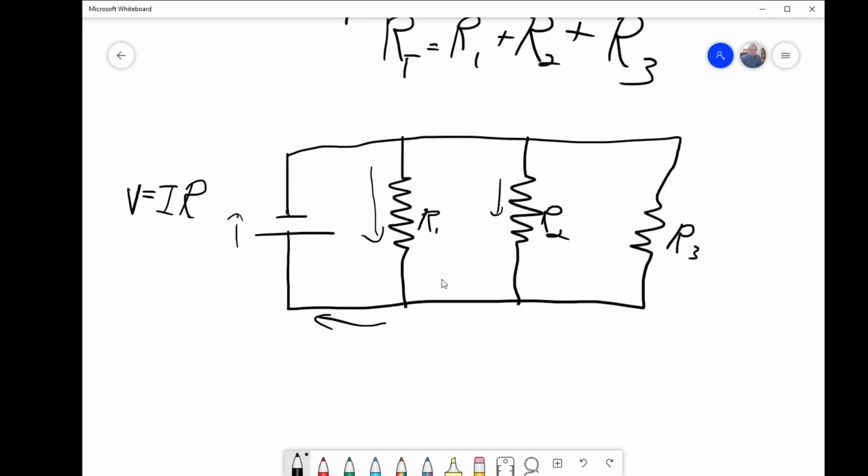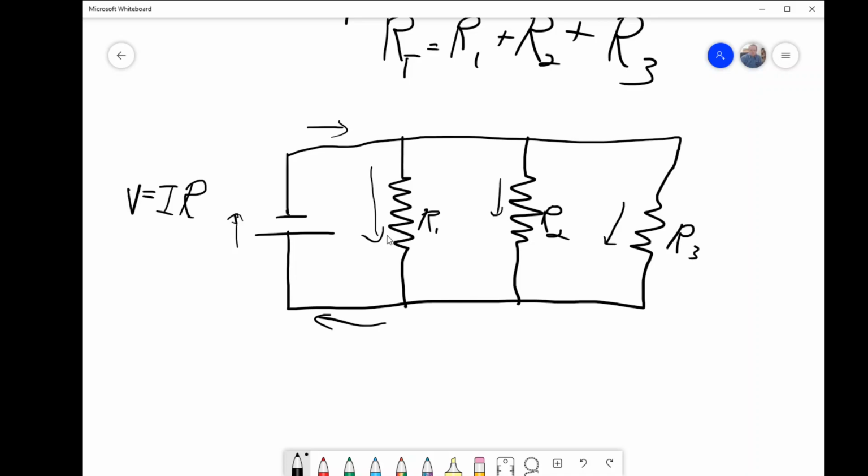And here I've got the arrows pointed in the direction of electron flow and not current, because current was conventionally positive. But the energy that you gain going through the battery has to be counteracted by the energy that you lose from the resistors as you're going through.